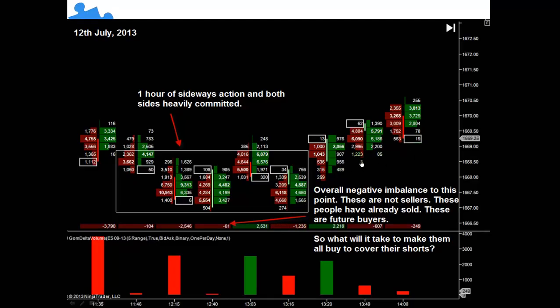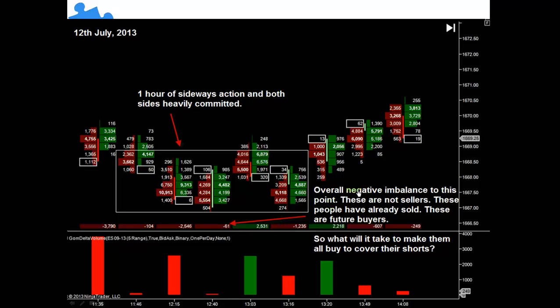Now, of course, a move either side of this range is going to see some traders getting stopped out. But in this case, the potential was always greater to the upside. The potential for a continuation move is always greater to the upside because of all of these sellers that have to buy to exit.